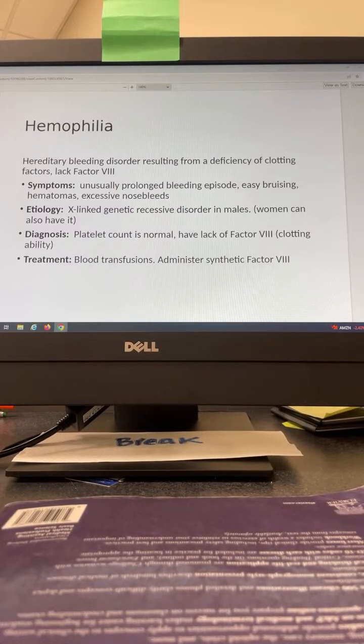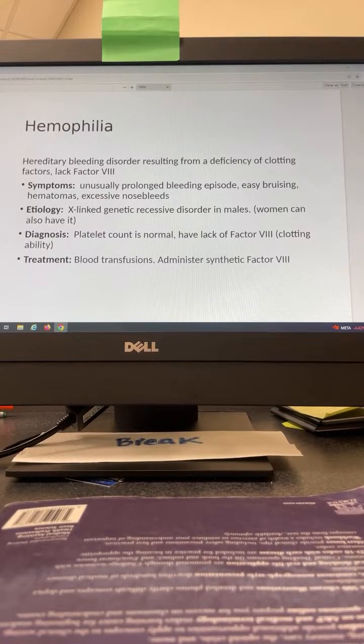This is more common in men than it is in women, although it is possible for a woman to have it. I don't know if you remember from chapter 1, we talked about just an intro to disease things, and one of the things was X-linked genetic disorders. Remember the X and Y chromosomes, what makes a woman? What was it? XX, and a man is XY.